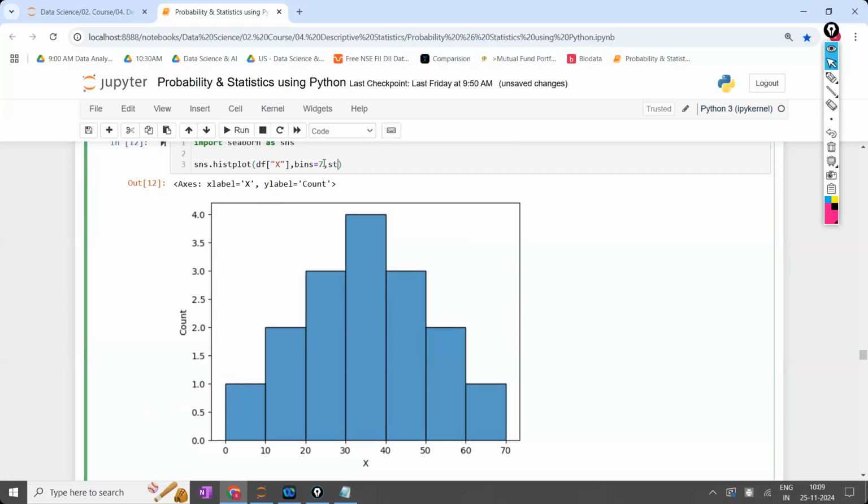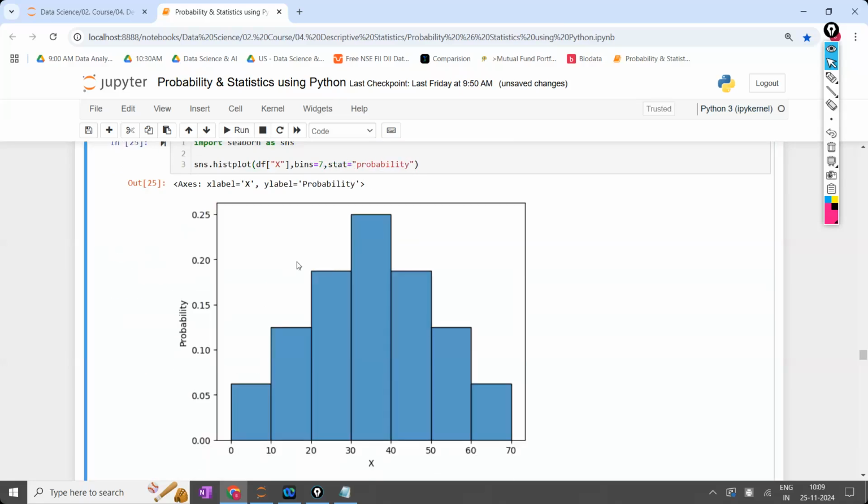Here, if I write stats equal to probability, I get an output like this. Now, if I draw the edges of the probability curve like this, this is called the probability curve, which is also called the density curve.